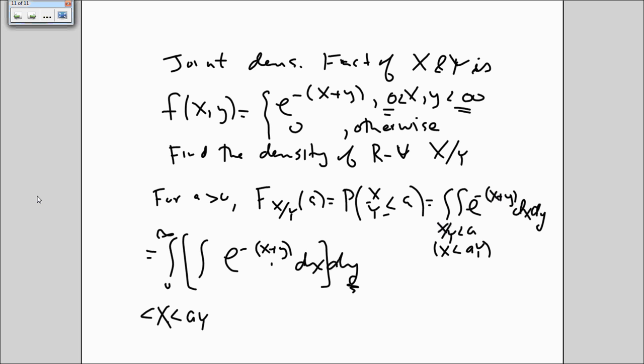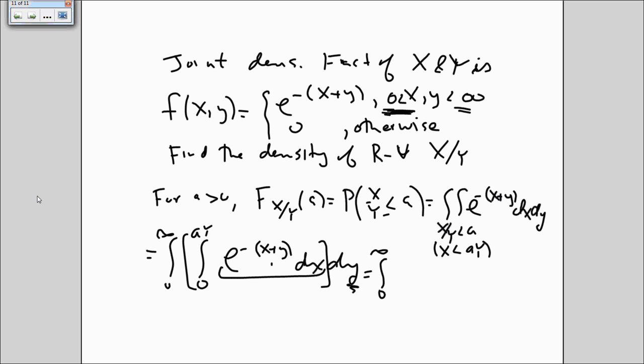And we also know that x is bigger than 0. So that's it. X goes from 0 to ay. And we just integrate this. Integral from 0 to infinity.